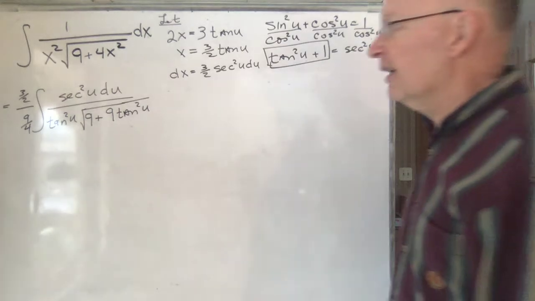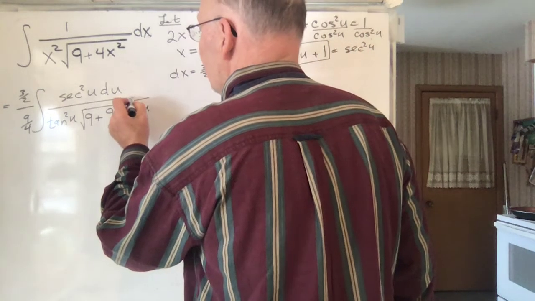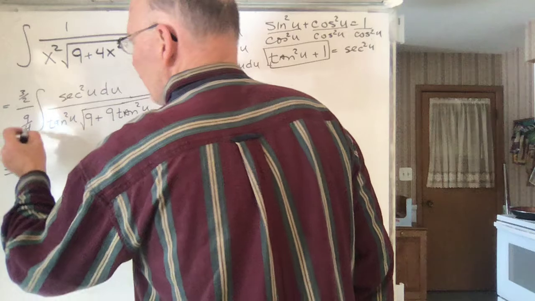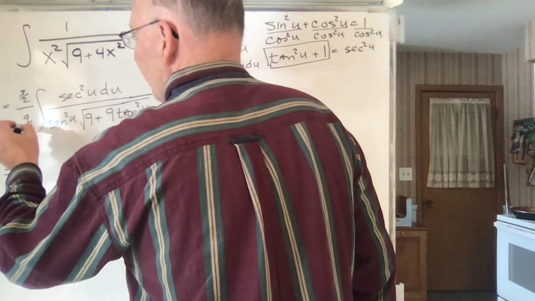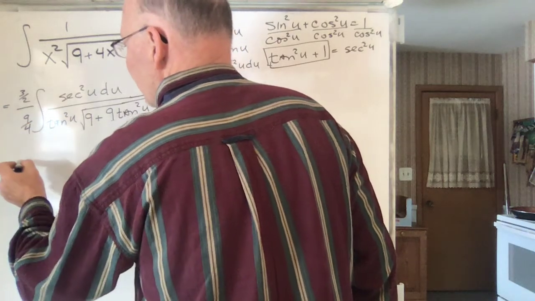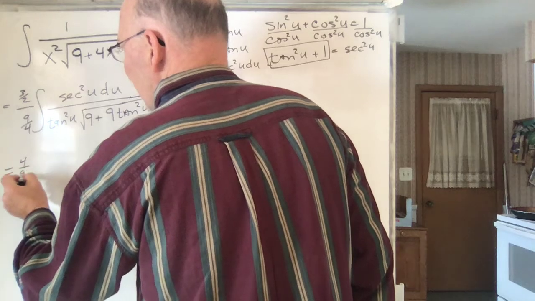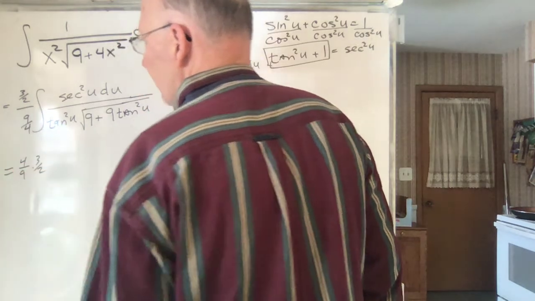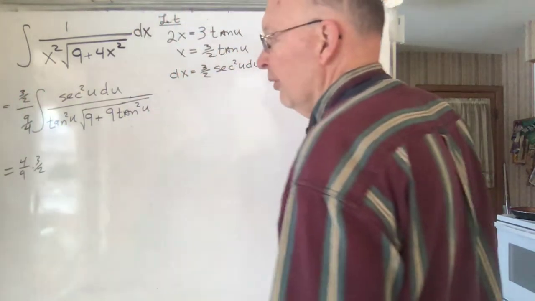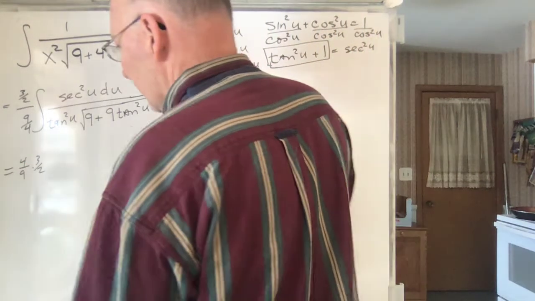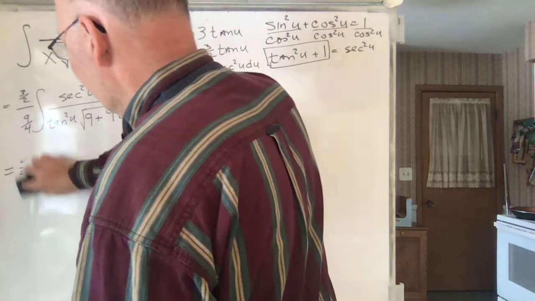Now the rest of it again is mechanical. So let's do the first step. First of all, I can bring this up as a 4/9, and so I'm going to have a 4/9 times 3/2. If I take 4/9 times 3/2, these things cancel, and I'm going to end up with 2/3.